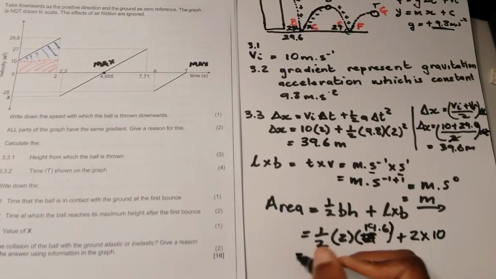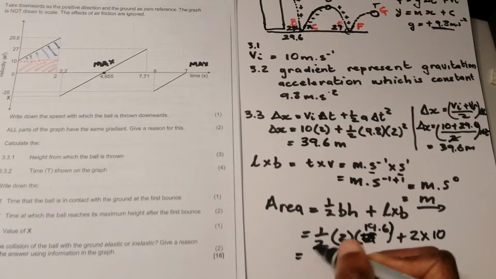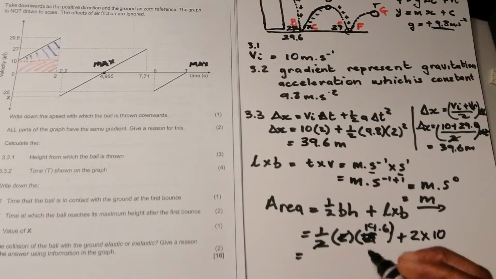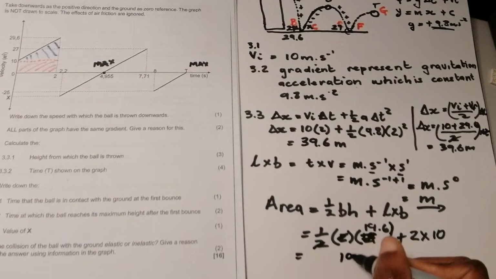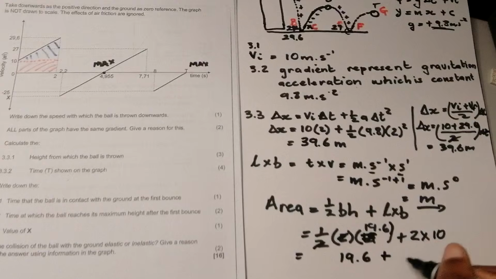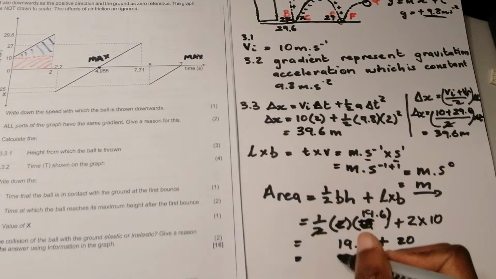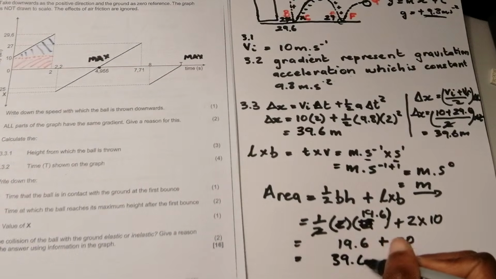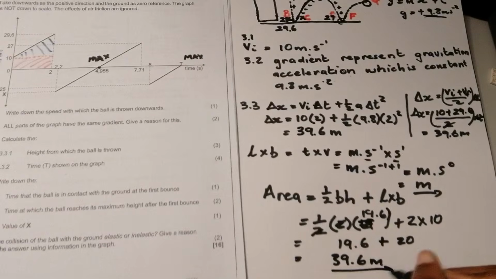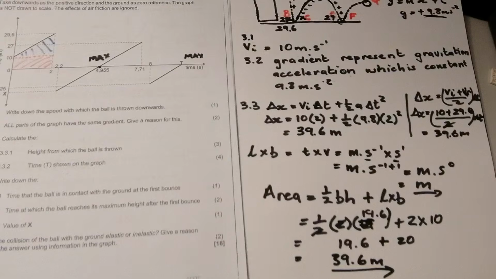Notice what's going to happen, half, so that cancels with that, I'm left with 19.6, plus 2 times 10, that will give me 20, and then 20 plus 19.6, well, guess what, we've got that very same answer, which is 39.6 meters.